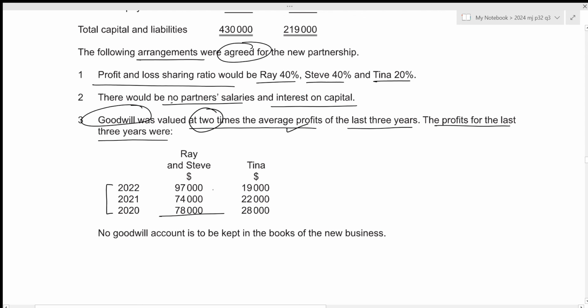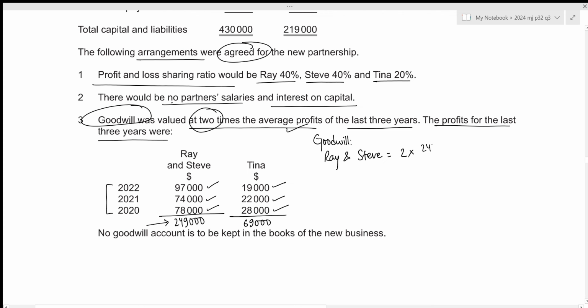Let's do it for Ray and Steve's business. The total profit for the 3 years will be 97,000 plus 74,000 plus 78,000, which results in 249,000. And for Tina, that will be 19,000 plus 22,000 plus 28,000, which will be 69,000. Okay, let us calculate the goodwill now. For Ray and Steve, it will be 2 times the average profit, and the average profit will be the total divided by 3.